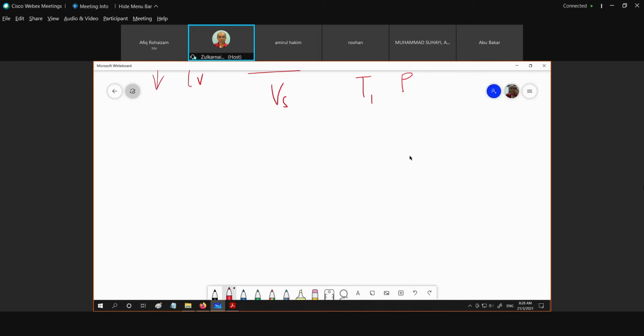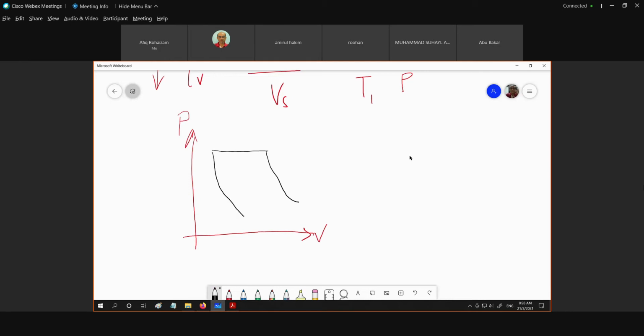Jadi kalau kita boleh lukiskan pada kita punya PV diagram. This is our PV diagram. So this is our cycle. This is our A, this is our B, this is C, this is D, this is the direction of the process of the cycle. Alright. Kita tahu di sini adalah apa? Di sini adalah P2.